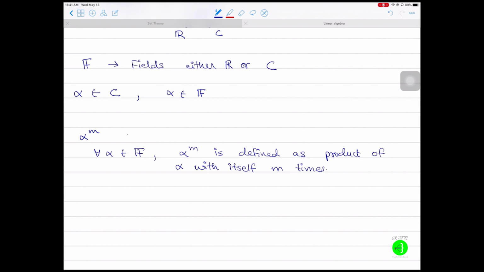And one thing to know is that m is a non-negative number. So here if we have alpha to the m, it's alpha times alpha times alpha, m times. So if we have alpha to the 4, we can write it as alpha times alpha times alpha times alpha. We have it 4 times.